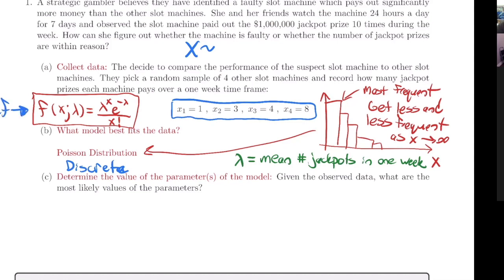And when we write out these probability distributions, just to be clear, we have 2 things here. X denotes the random variable, and it takes on different values depending on what slot machine is picked or what's picked from the population. Lambda is called a parameter.